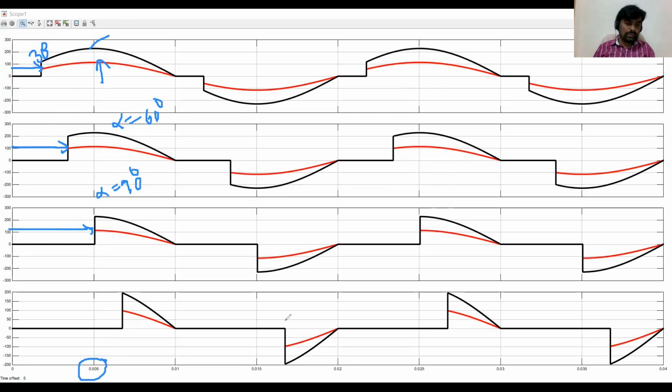Because to complete one cycle, it is 0.02 seconds for 50 Hz. Similarly, here you can see it is at alpha equal to 120 degrees. So this is for R load, where you can see output voltage and output current, they are in phase, right?